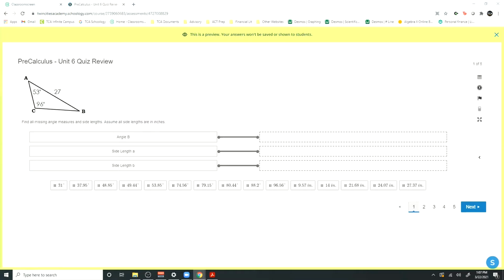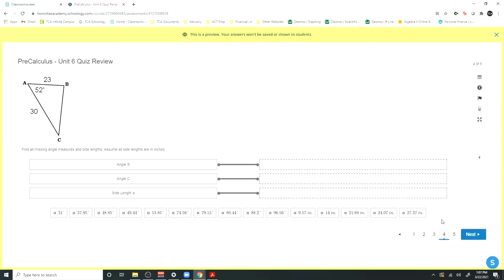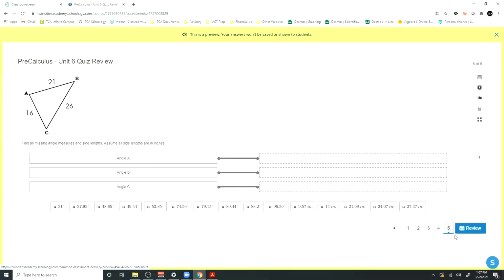For this quiz, there are going to be 5 problems in total in which you have to use the law of sines and/or the law of cosines to help find any missing side lengths or angle measurements. I'll click through them quickly so that you can see what each of these looks like, and we're going to go through each one in detail.